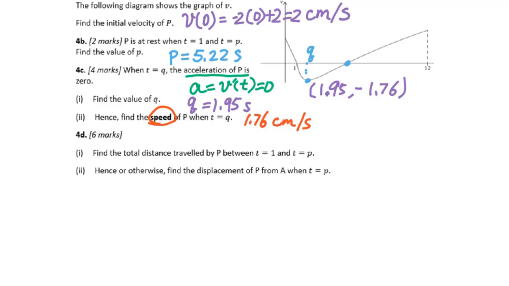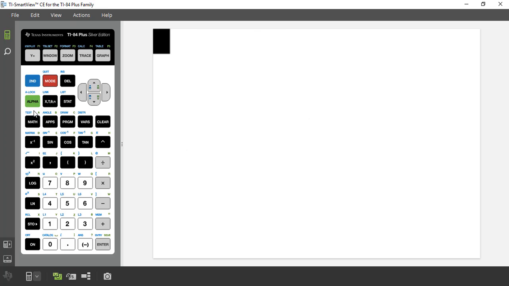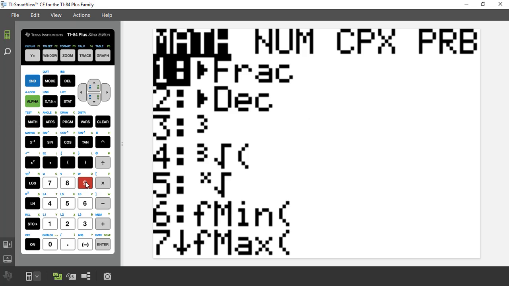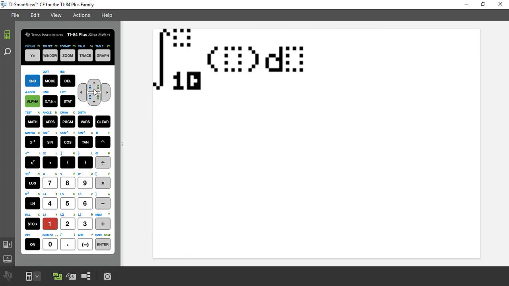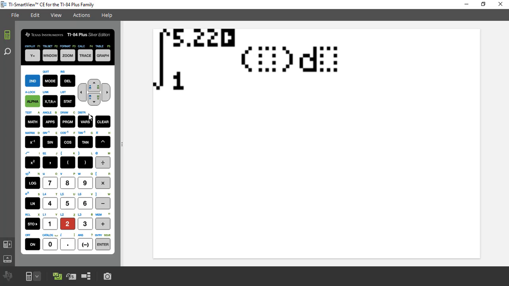Go to 4D. Find the total distance traveled by P between 1 and p. This is p. We will use a graphing calculator. So we will use the formula for distance here. Y2 is the equation we got to use. So go to Math 9. From 1 to 5.22.